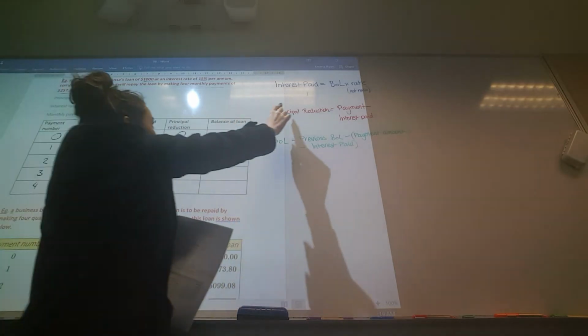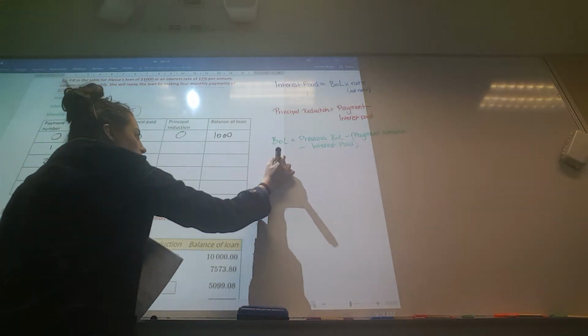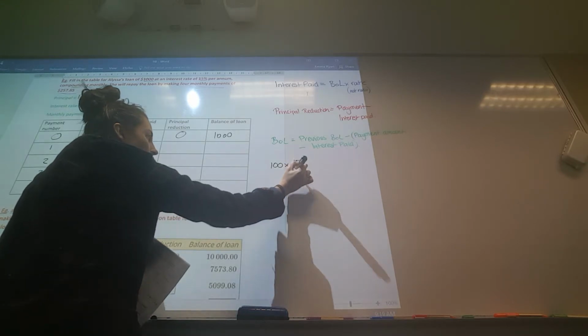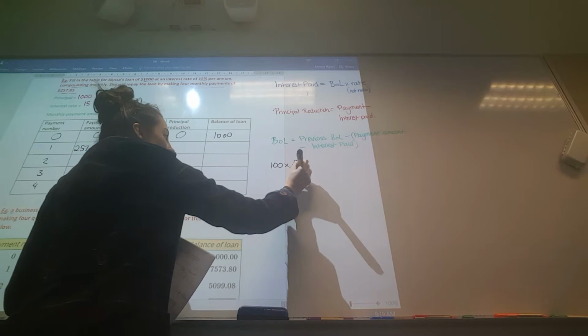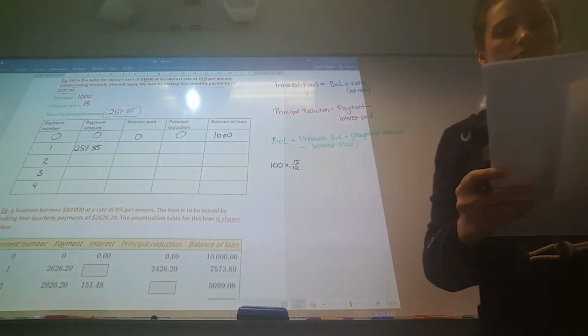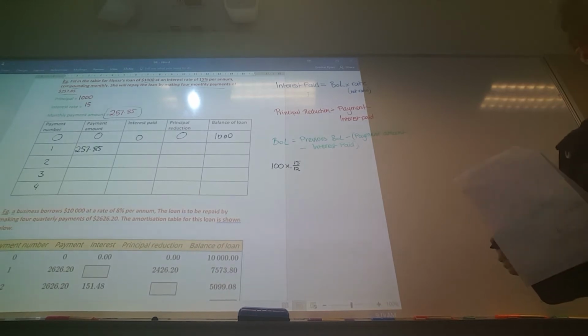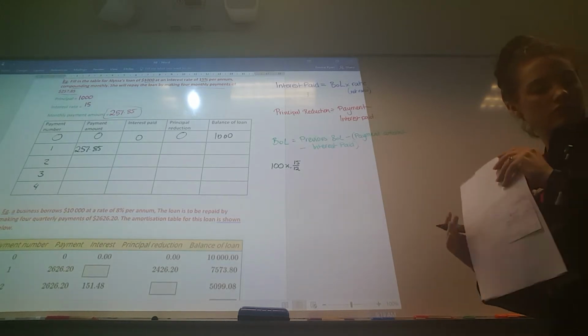So interest paid is this formula up here. So we've got our 1,000 times our rate, times 100 over 100. 15, 12, yep, over 100.